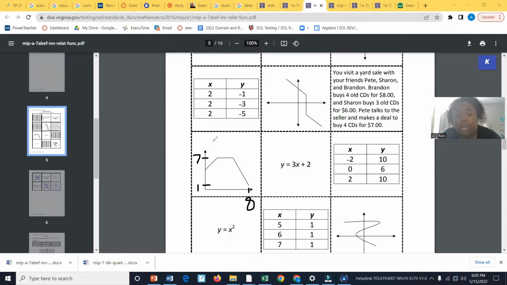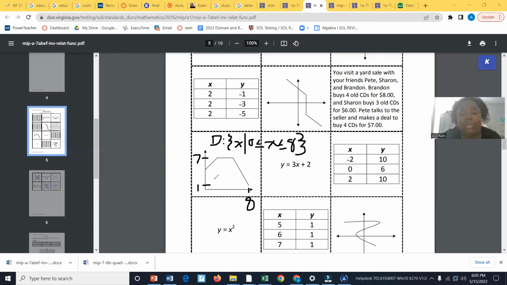So when we do our domain for this one, the domain would be the set of all x such that x is between 0 and 8. So you will have to put 0 less than or equal to x less than or equal to 8, and then you would close it out.